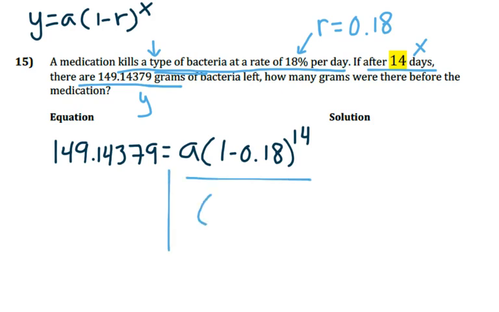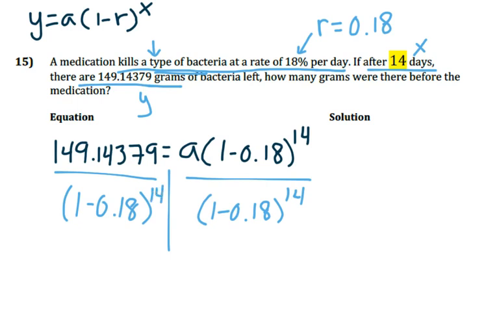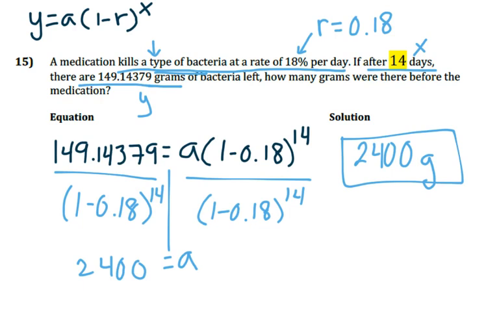We're dividing here by 1 minus 0.18 to the 14th power on both sides of our equation. And we find that A is equal to 2,400, which means there are 2,400 grams of bacteria before the medication started to kill it off. So there's our solution, and in green here's our equation.